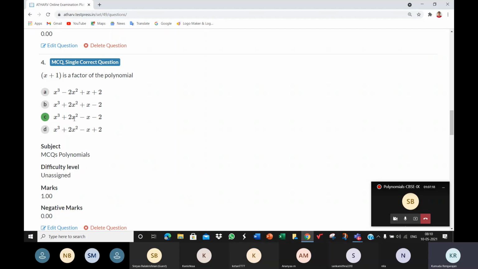In place of x, when you use minus 1, the value of this polynomial will be 0. That means x plus 1 is a factor of this polynomial. Now here it is, x plus 1 is a factor of which polynomial? I was telling you that you should find the values of these polynomials when x is equal to minus 1. Wherever the answer is 0, x plus 1 is a factor of that polynomial.